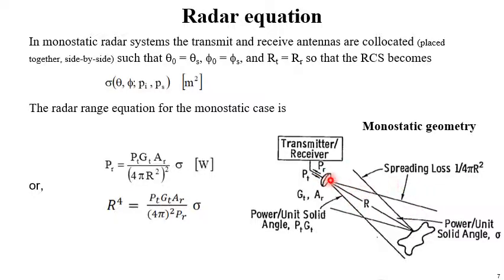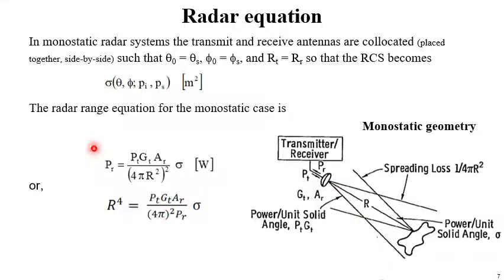So instead of RT and RR, we now consider the range as R. So the spreading loss will be 1 by 4 pi R square in both ways. From here to the scatterer we have a spreading loss, and from the scatterer towards the radar we have another spreading loss. So under this condition, theta 0 equals theta s, phi 0 equals phi s, and RT equals RR. So radar cross section becomes a function of theta, phi, pi and ps.